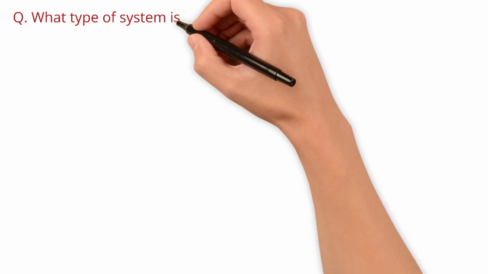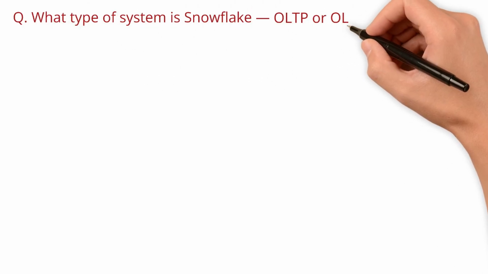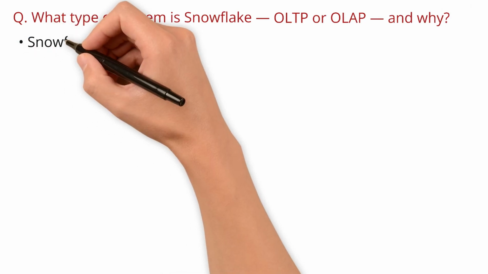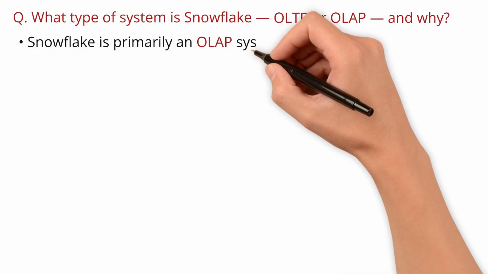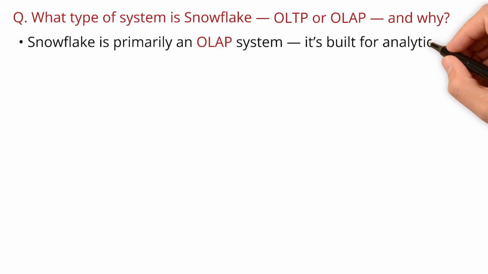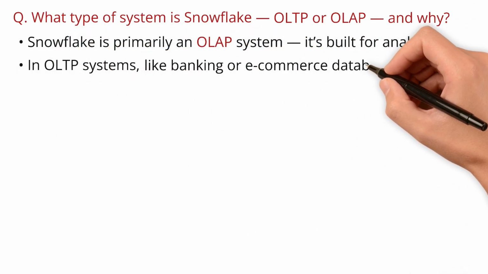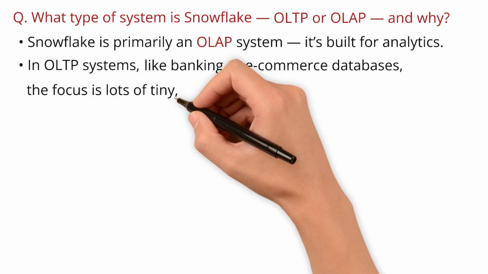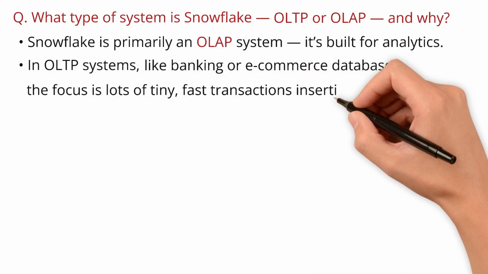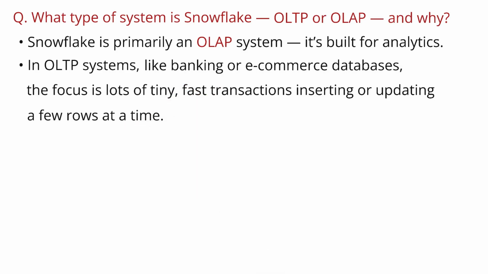What type of system is Snowflake? OLTP or OLAP? And why? Snowflake is primarily an OLAP system. It's built for analytics. In OLTP systems, like banking or e-commerce databases, the focus is lots of tiny, fast transactions, inserting or updating a few rows at a time.